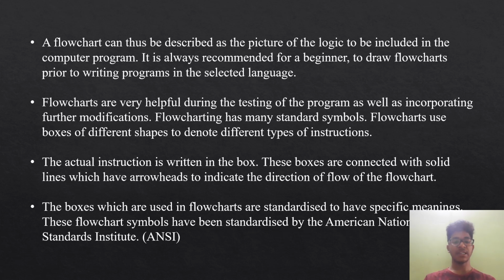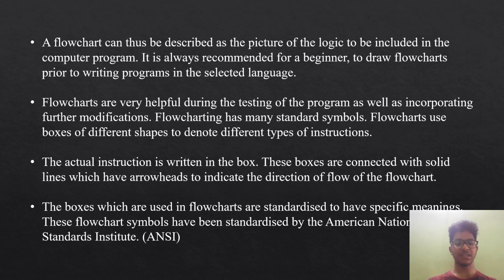A flowchart can be described as a picture of the logic to be included in the computer program. It is always recommended for the beginner to draw flowcharts prior to writing programs in a programming language. Flowcharts are very helpful during the testing of the program as well as incorporating further modifications. Flowcharting has many standard symbols. Flowcharts use boxes of different shapes to denote different types of instructions.